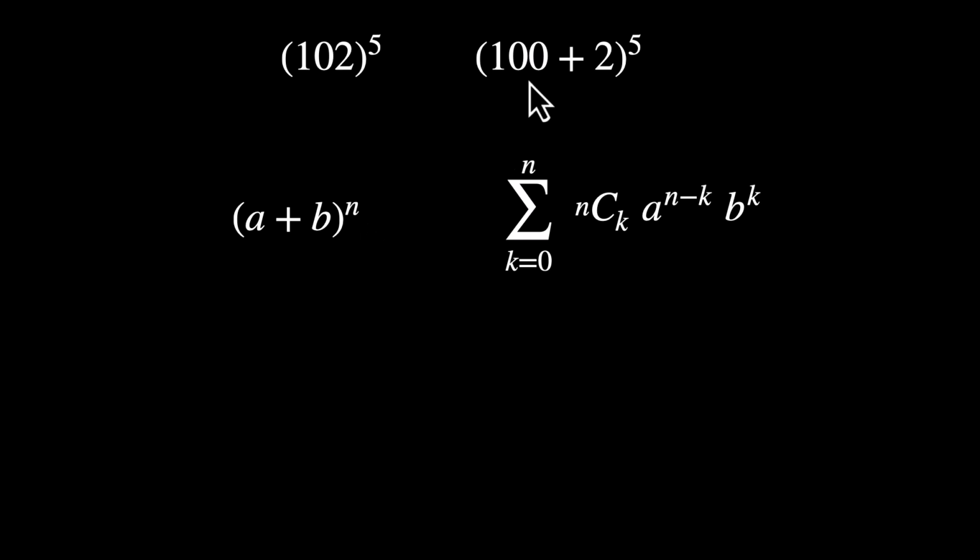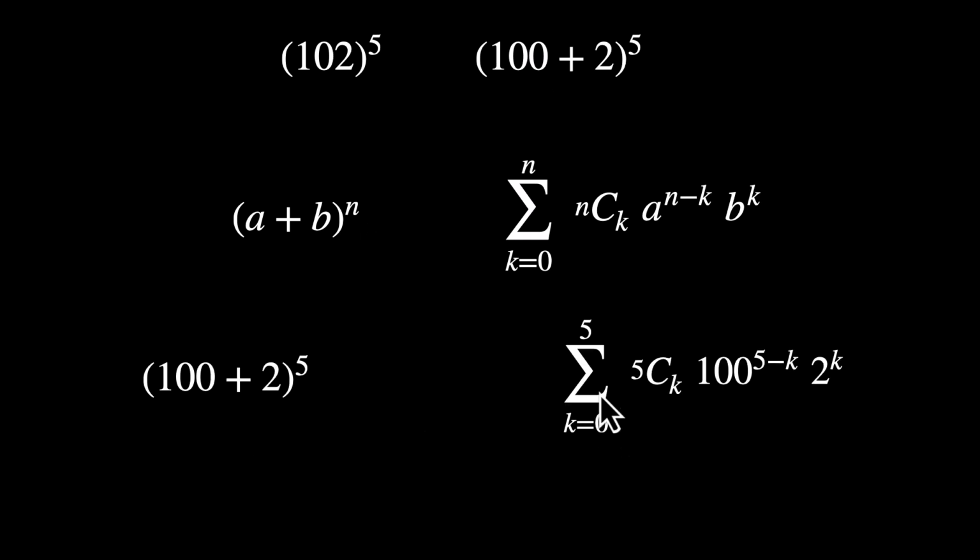So if you put a as 100 and b as 2, this is what we get. k equals 0 to 5 because n here is 5: 5Ck, 100 to the power 5 minus k, and then 2 to the power k. And we can do this the other way around as well. a doesn't have to be 100, a could be 2, and then in that case, b will be 100.